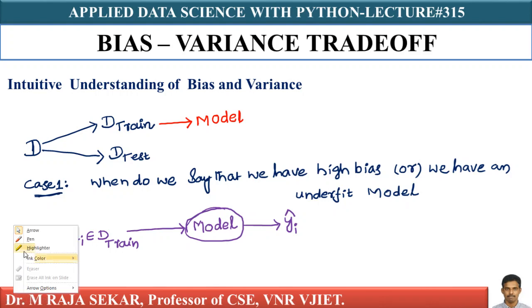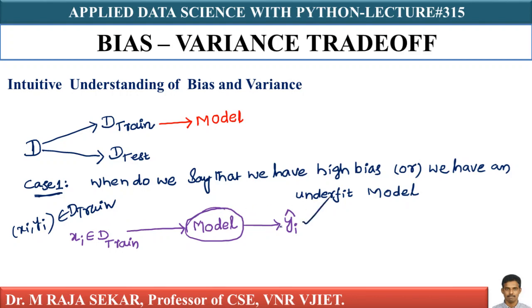I can pass every point in Dtrain. Let's take xi, which belongs to Dtrain. Now if I pass this xi to this model, what will I get? I will get yi hat, or yi cap.